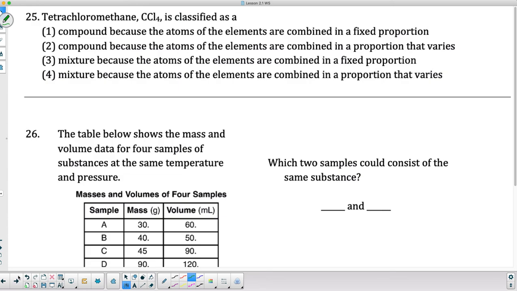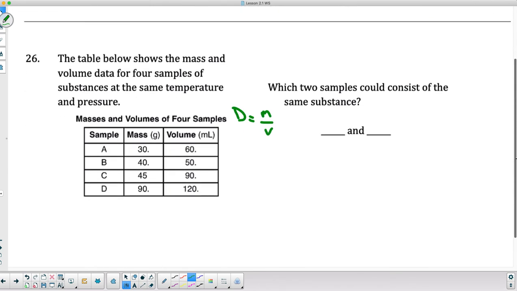The table below shows the mass and volume data for samples of substances at the same temperature. Which two samples would be the same substance? Well, this is mass versus volume, and we know that density equals mass divided by volume. So any of these that have the same density would be the same substance, we would surmise.